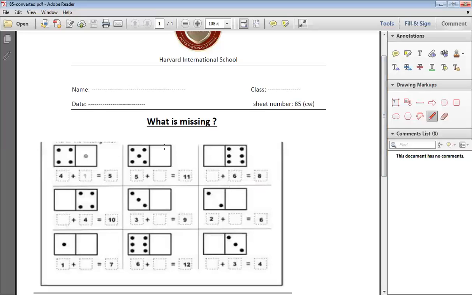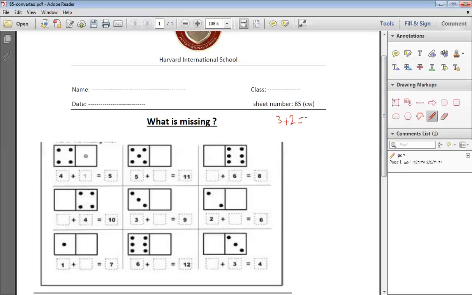Now in the normal addition, if I told you, for example, 3 plus 2, this is normal addition, right? What do you do here?